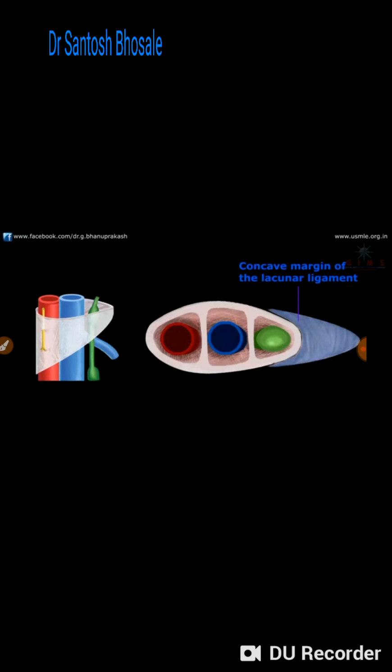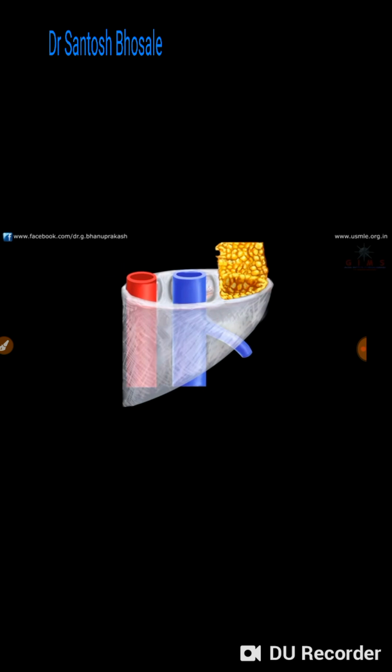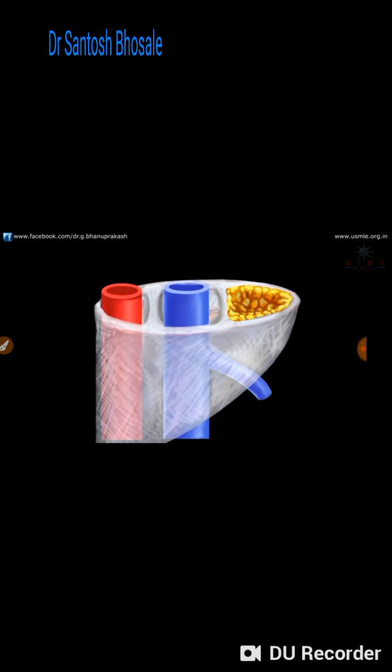So medially the lacunar ligament, anteriorly the inguinal ligament, laterally you can see the septum, and you can also see some inferior epigastric vessels there. So this extraperitoneal tissue may herniate or cover the femoral canal.